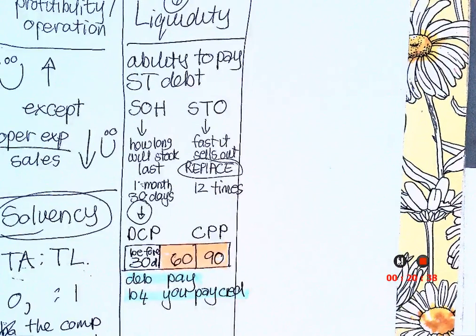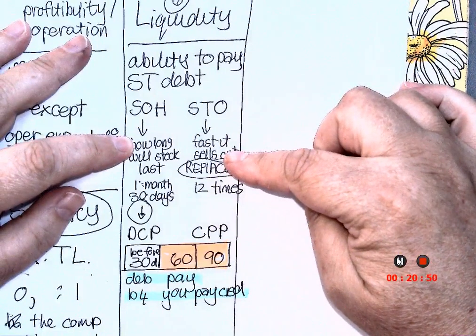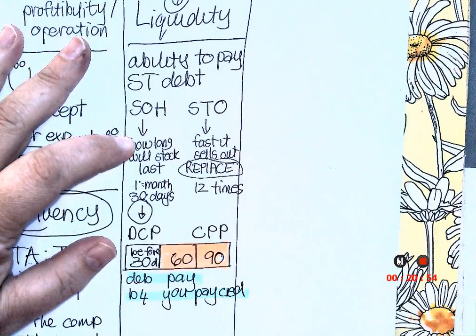Now, they will always ask you to comment on the liquidity of the company. So you go and look at your ratios and see if there is something with stock, because stock is so easy to comment on. If the stock turnover goes up, it's good for liquidity.